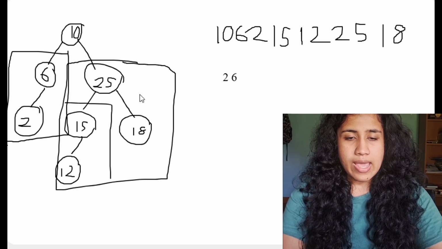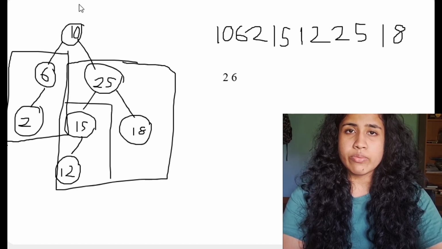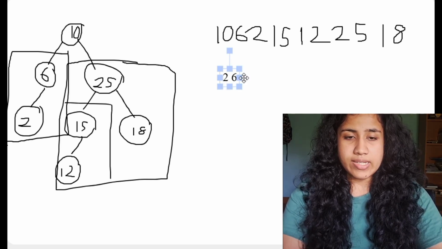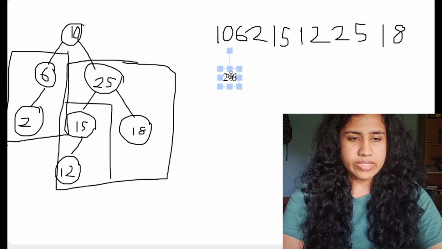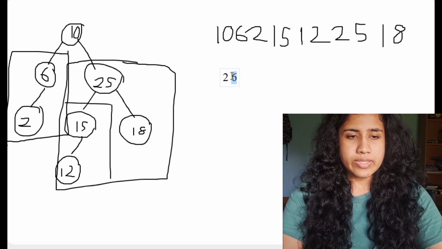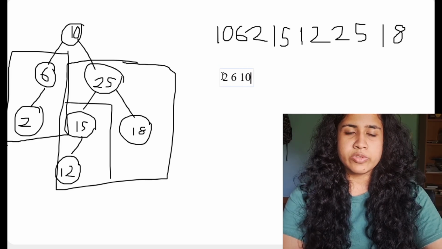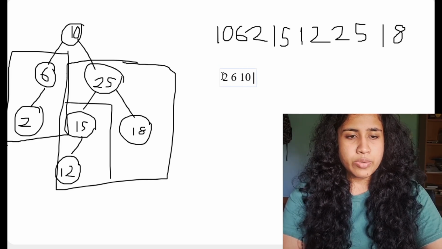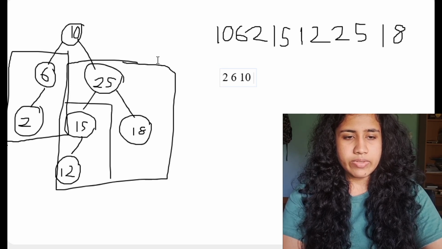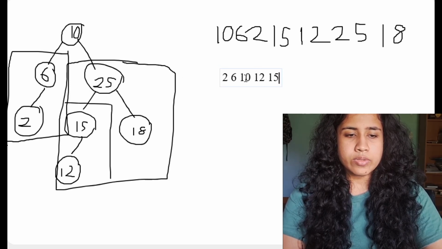So 6, and then we check whether it has a right child. There's no right child, so it goes to 10. Then we have to move to the right side. So here 25, starting with 25, it goes down to 15.